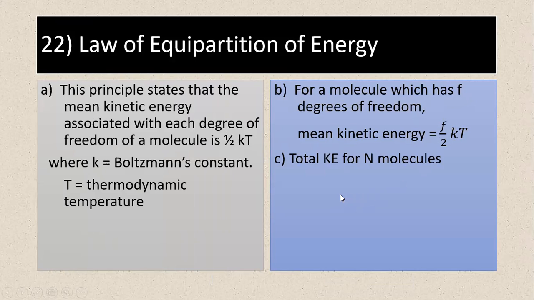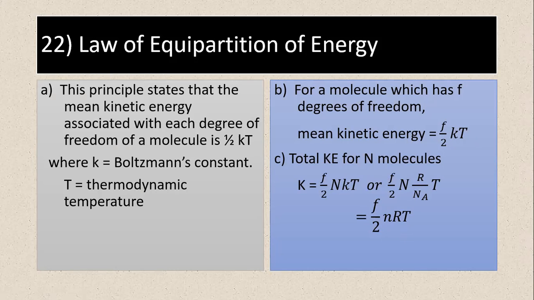That's for one molecule or one particle. For n particles, we just multiply by n. And then k we can replace with R over NA, and then this is just your n. These are two alternative formulas that we need to remember, or just memorize one of them and then derive the other one.